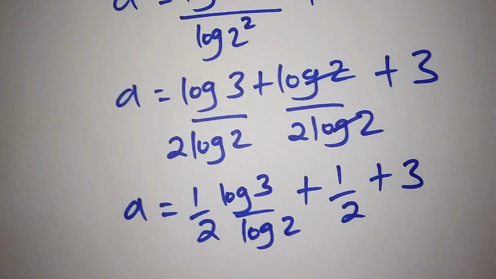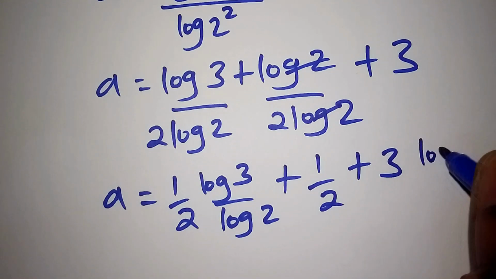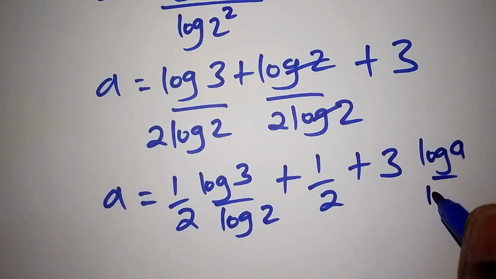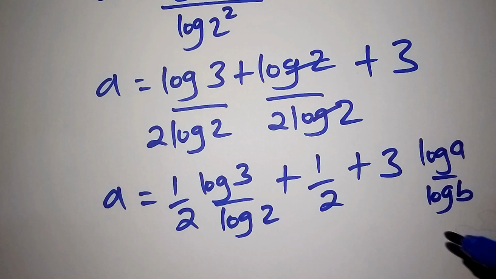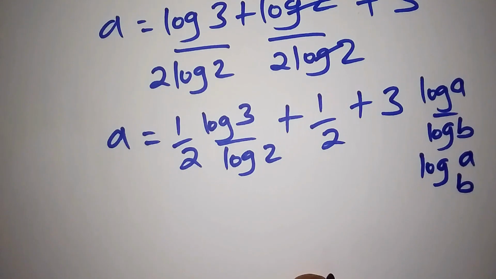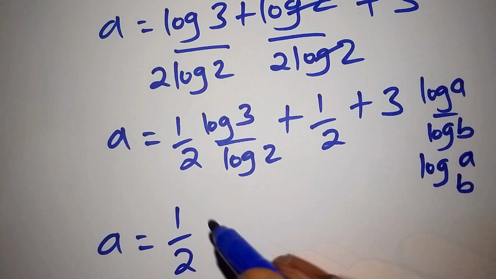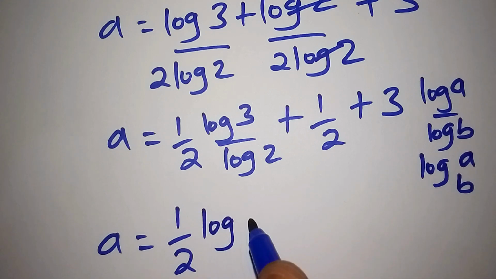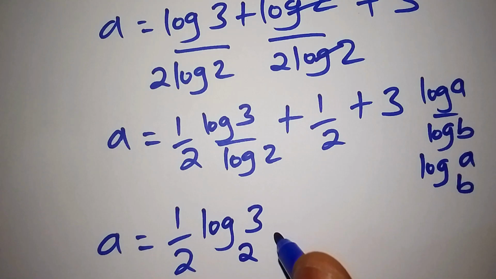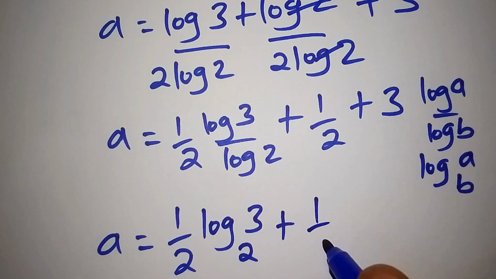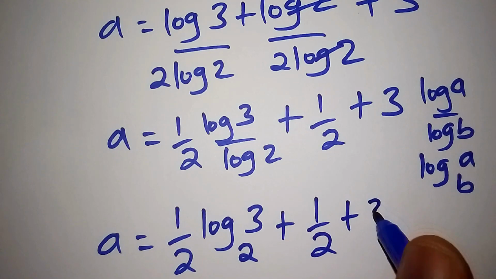So when we have something like the log of A all over the log of B, this can also give us the log of A to the base of B. So finally, our final answer is a equal to 1 over 2 the log of 3 to the base of 2, then plus 1 over 2 plus 3.